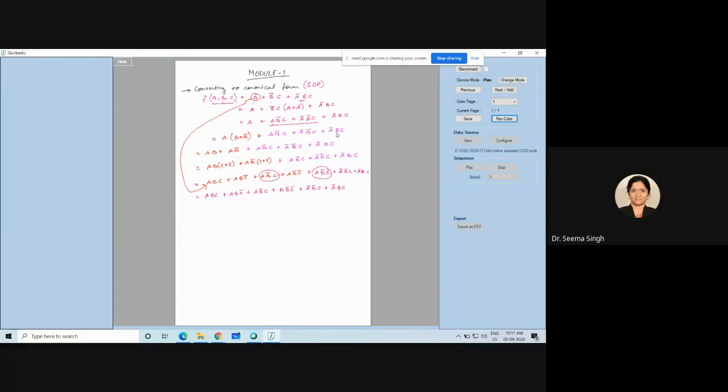If A, B, C are all 1, 1, 1, it gives me a 7. So A, B, C with 3 variables has the capability to give me a range of numbers from 0 to 7. Now when I give you this function, it tries to say that the function value will be 1 for certain cases.